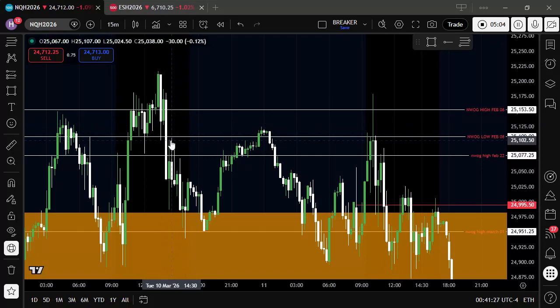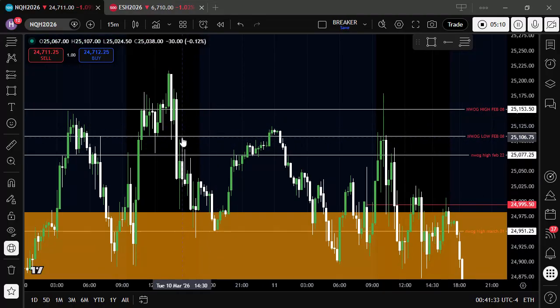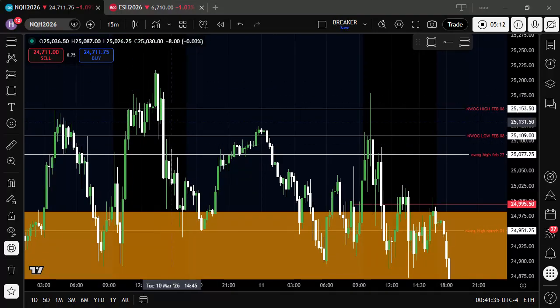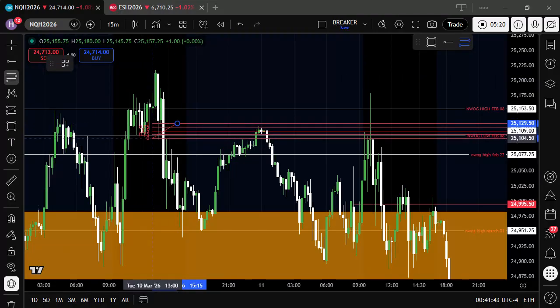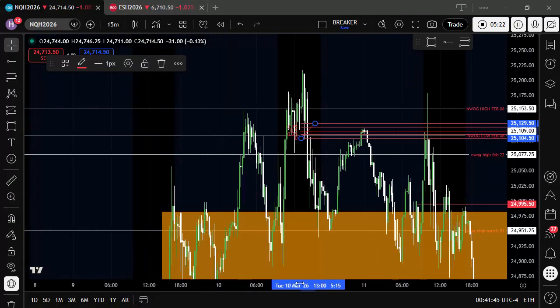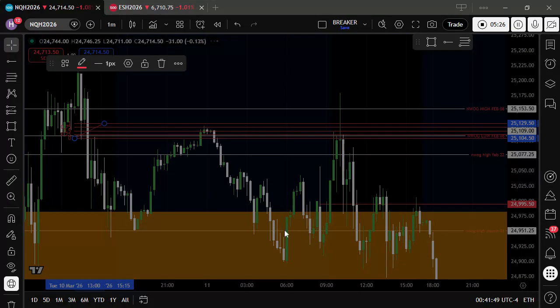It might have been this fair value gap here. I thought it was a wick though. Whatever. We'll just measure this fair value gap out. Gonna drop back down to 1 minute.